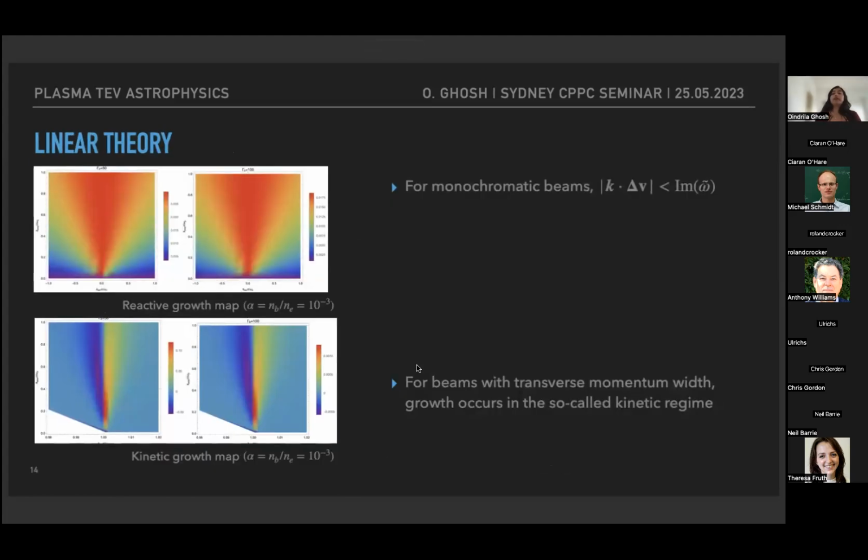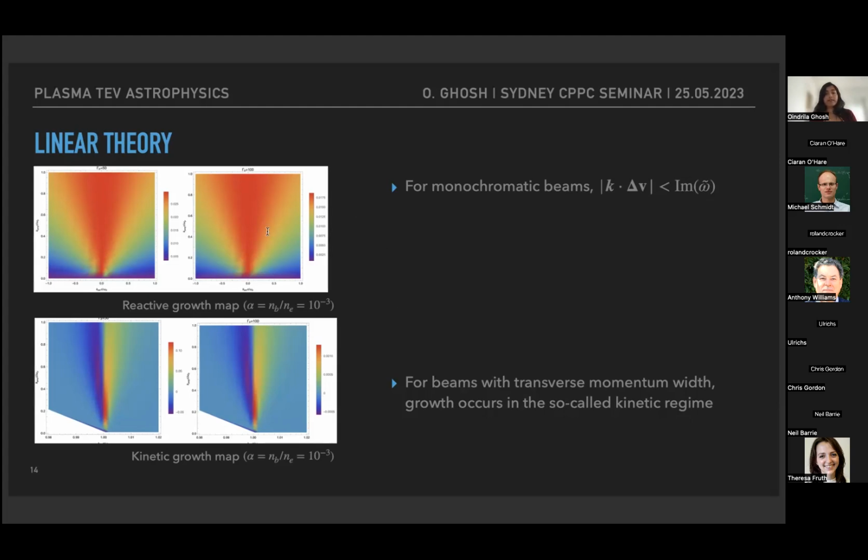So for near monochromatic beams, which is an idealized scenario, you could have the instability growth proceed in the so-called reactive regime, which is when this condition is satisfied. And the growth rate looks like this.